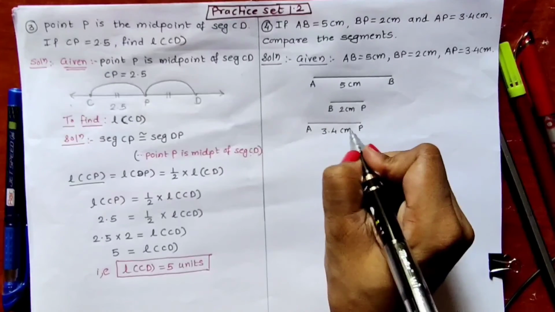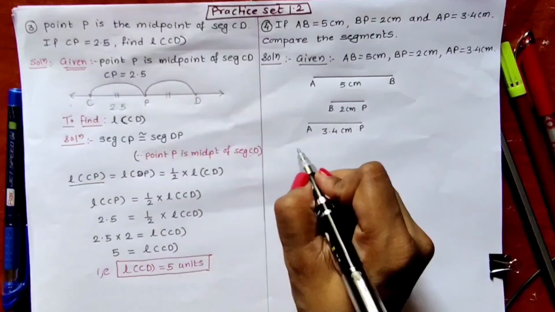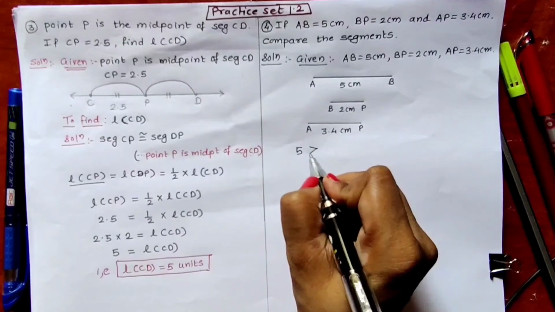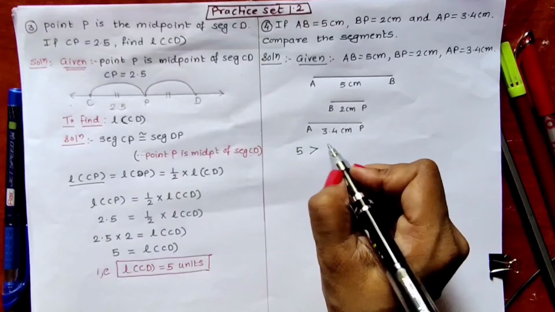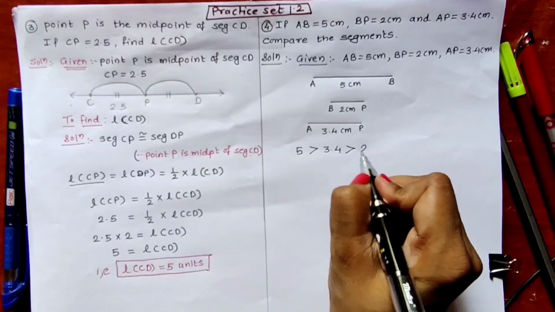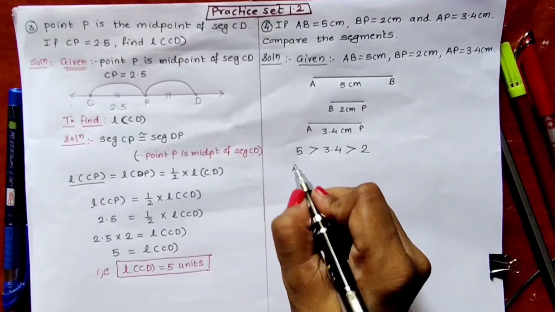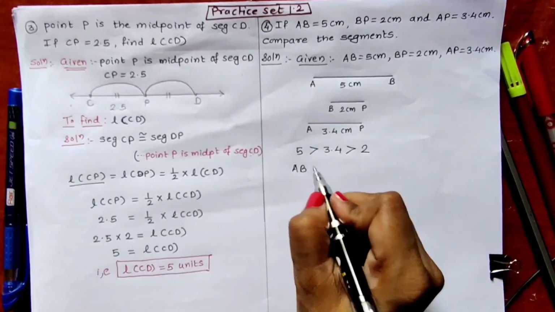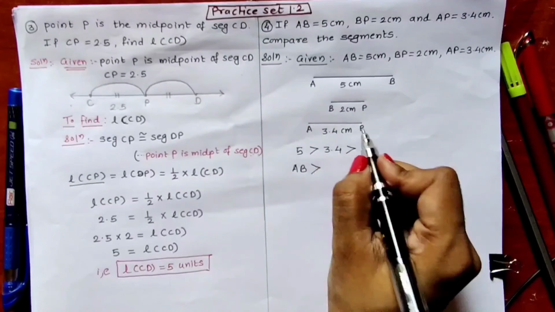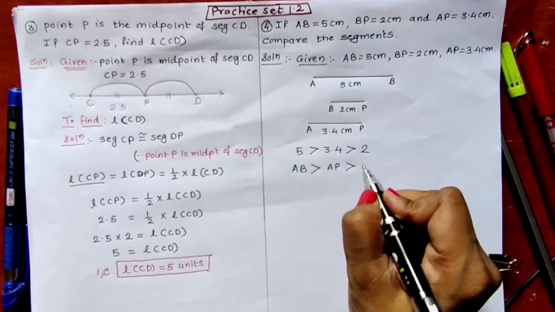3.4 centimeter. So we have to compare, as 5 is greater than 3.4 and 3.4 is greater than 2, correct? So that means segment AB is greater than segment AP and AP is greater than segment BP.